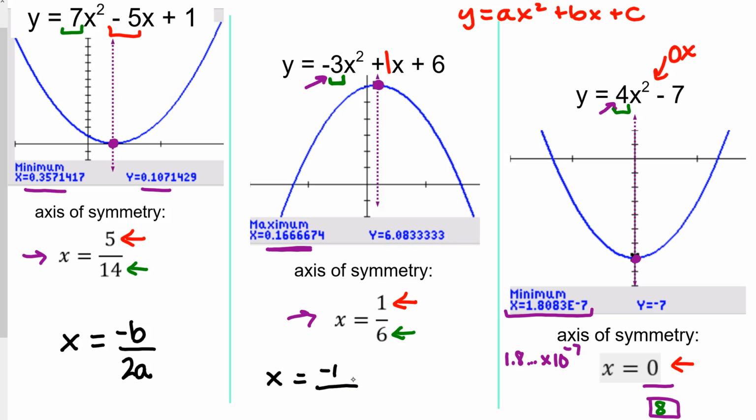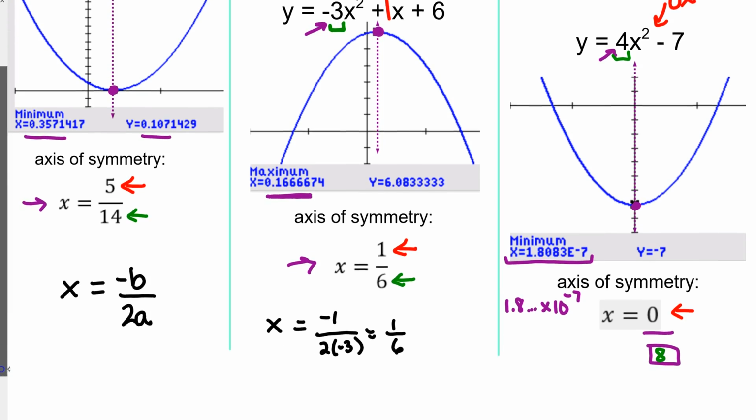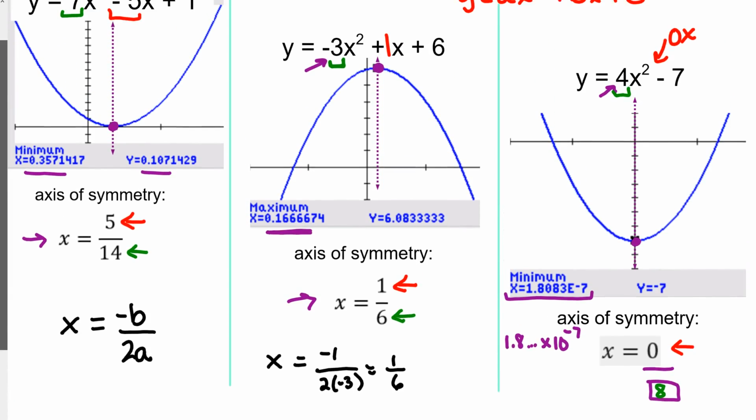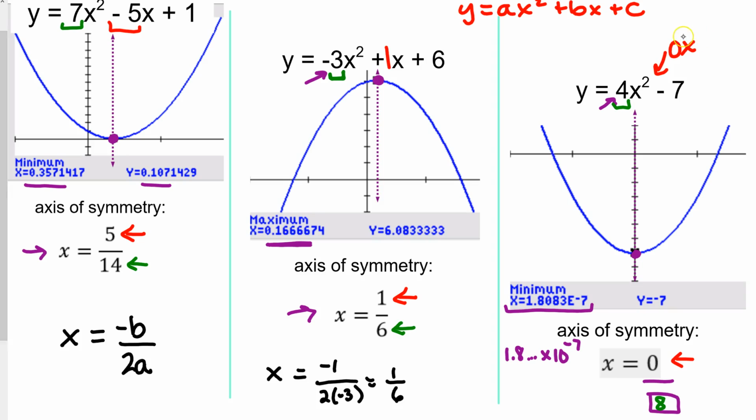And if I divide by 2a, I would get 2 times negative 3. So negative 1 over negative 6 is positive 1/6. Yep, that works. And then for the third one, we know the opposite of 0, our b value, would just be 0 over 2 times a. 2 times 4 would be 8, so that works.